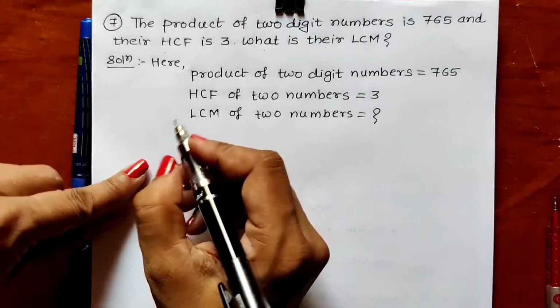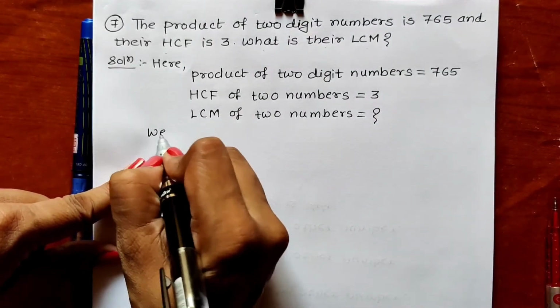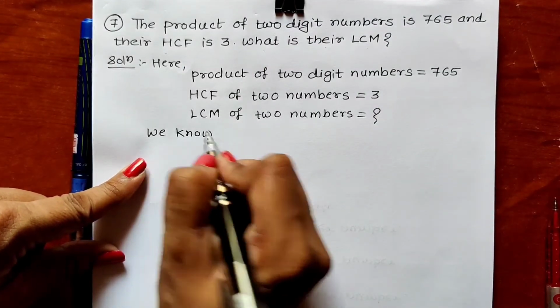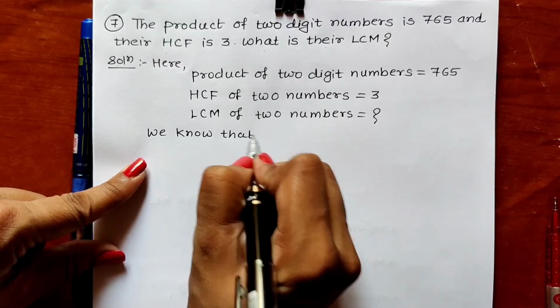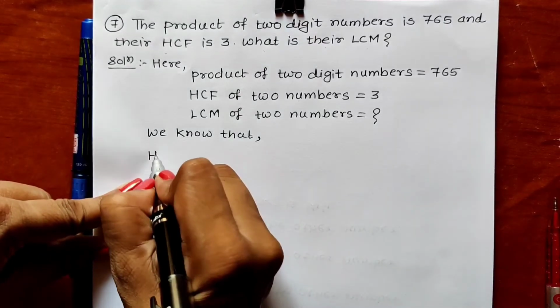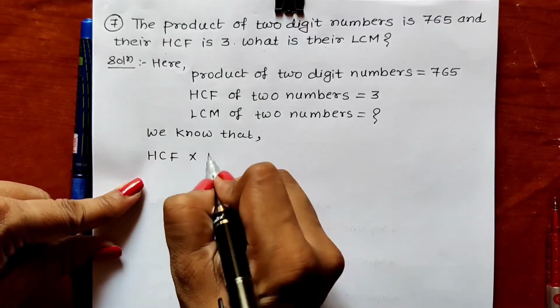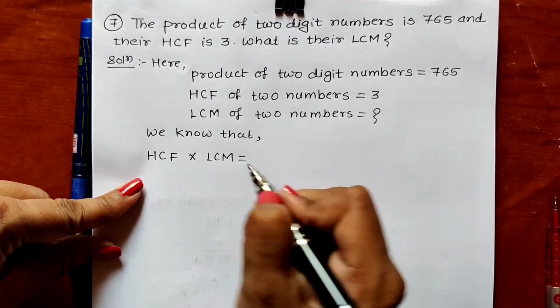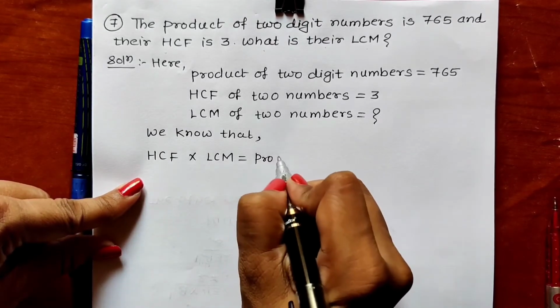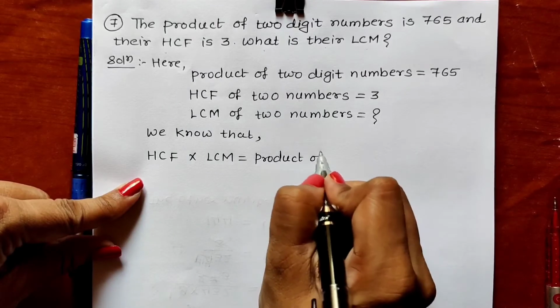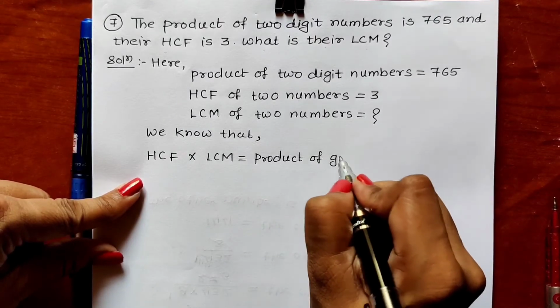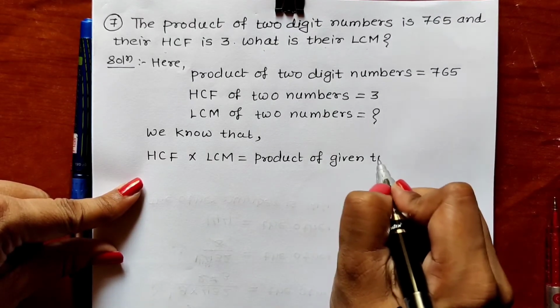Again we will be applying the same formula. We will write, we know that, and then write the formula: HCF into LCM is equal to the product of the given two numbers.